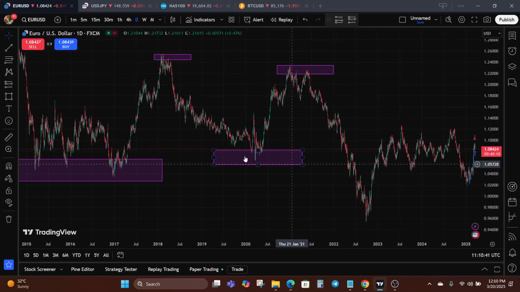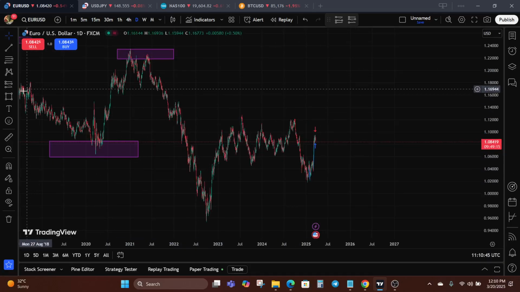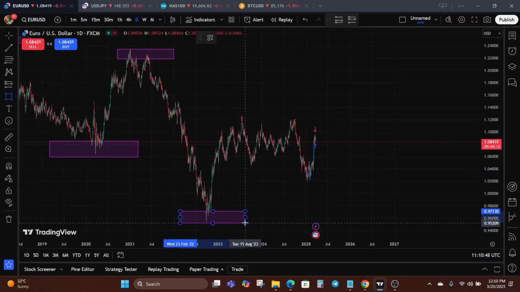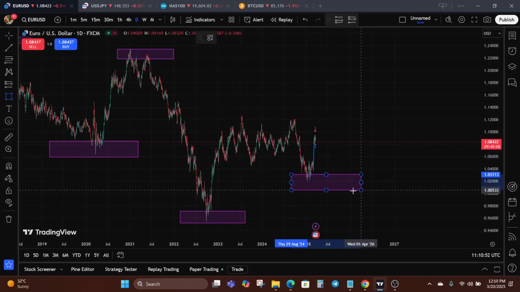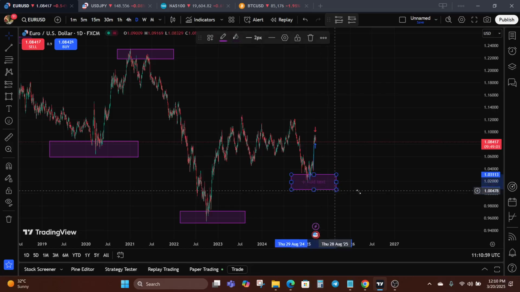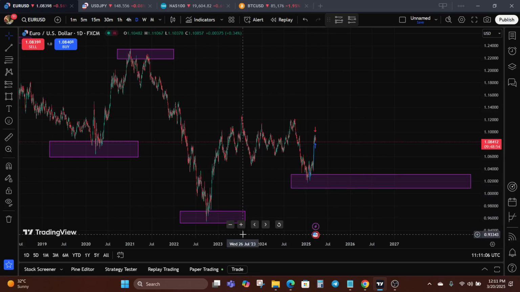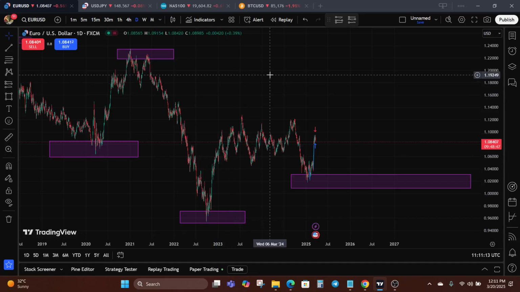This means that buyers stepped in aggressively, creating a strong support zone. So a simple way to spot these zones is to look for strong moves away from a price level. The stronger the move, the more significant the supply or demand zone.